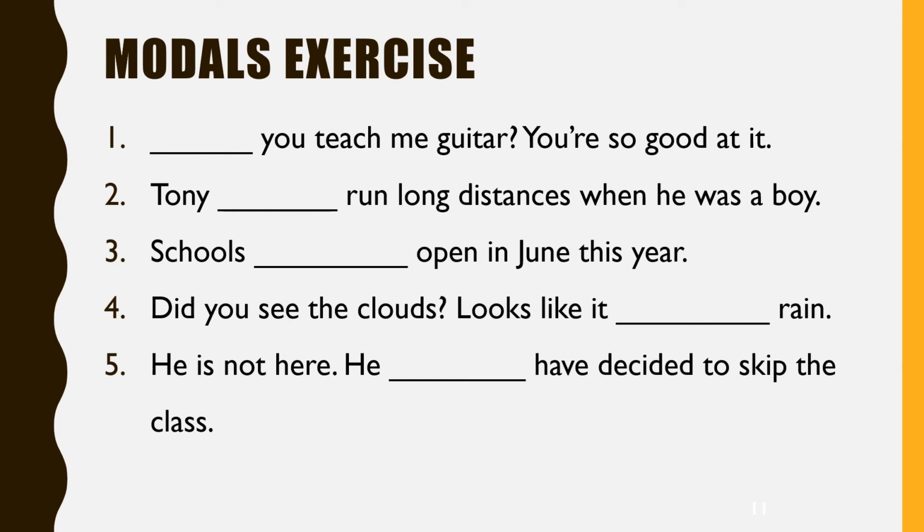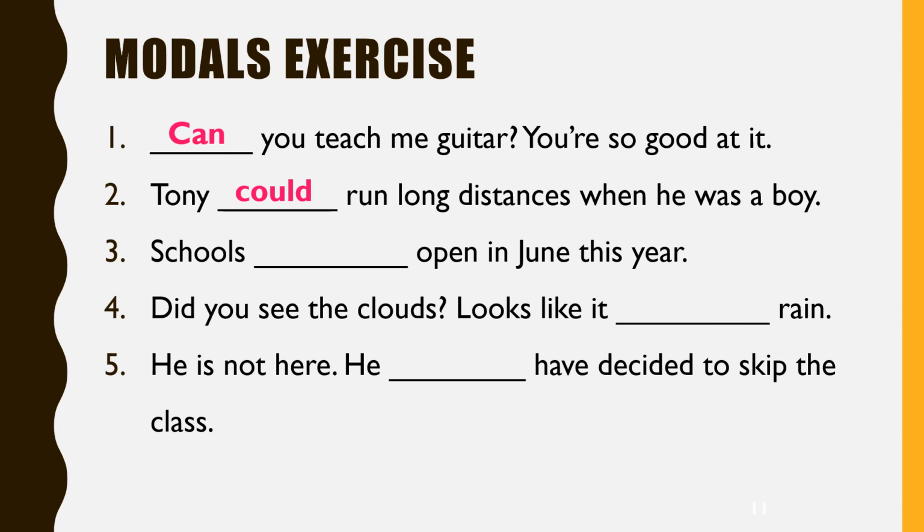For semi-formal polite, it is could, or we use can. So it depends on the speaker and the relationship with the person we are speaking to. So if you are friendly, then we use can.